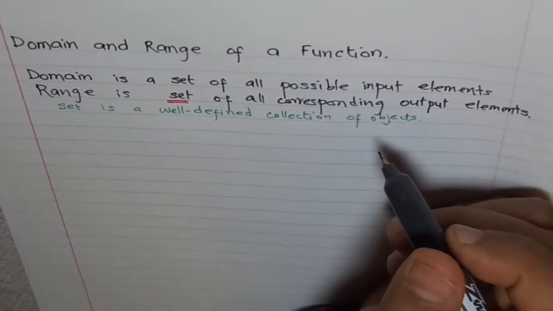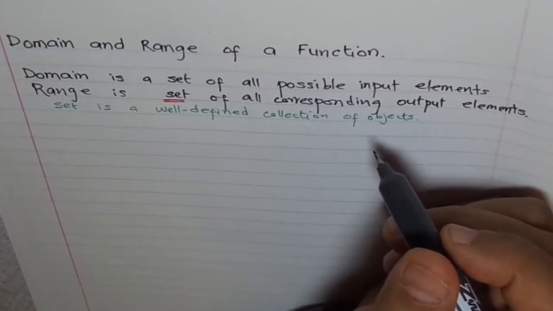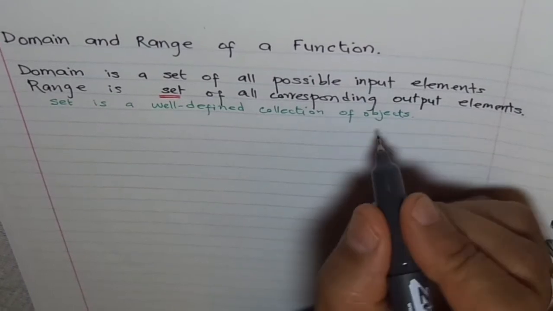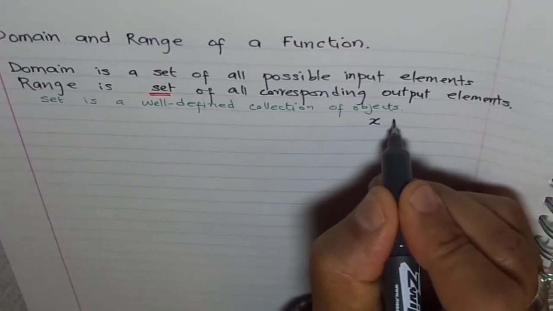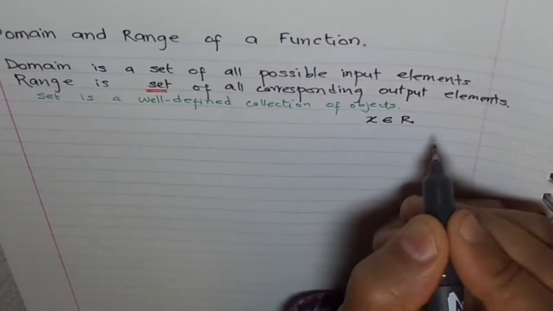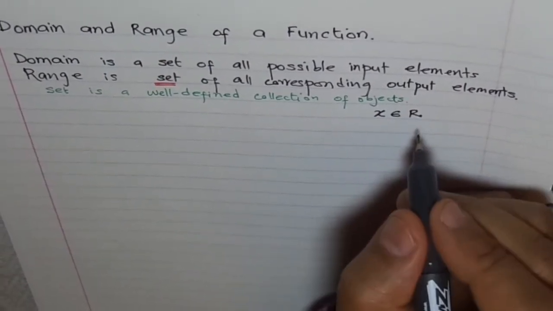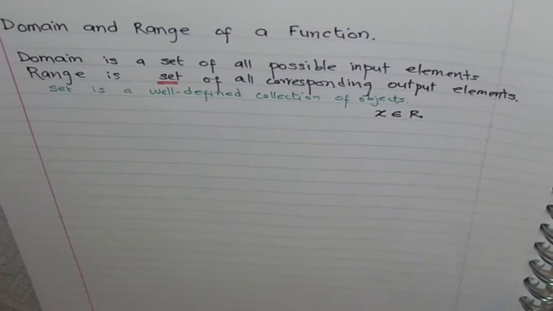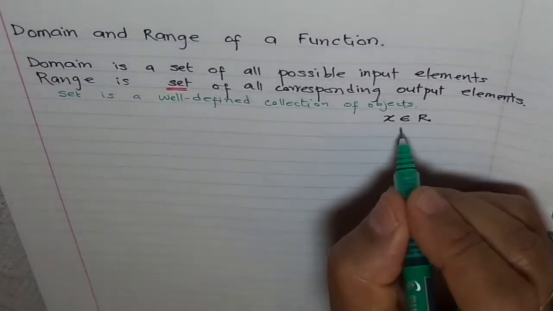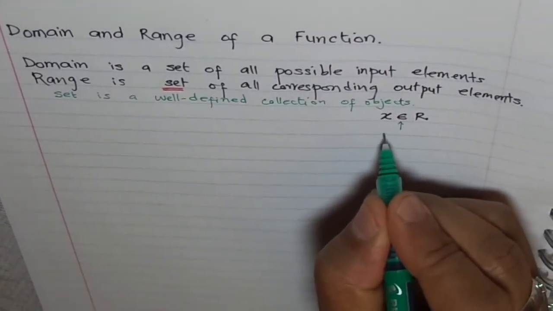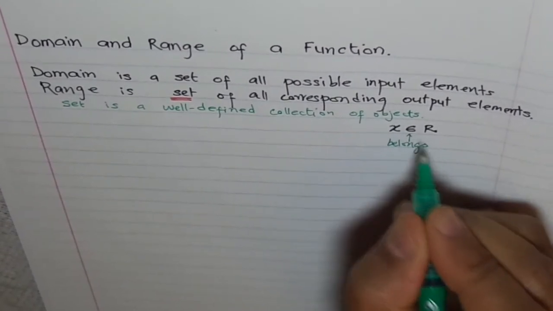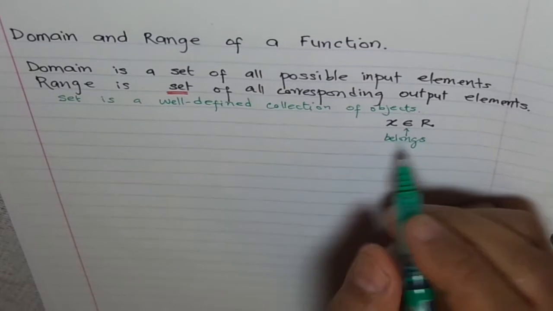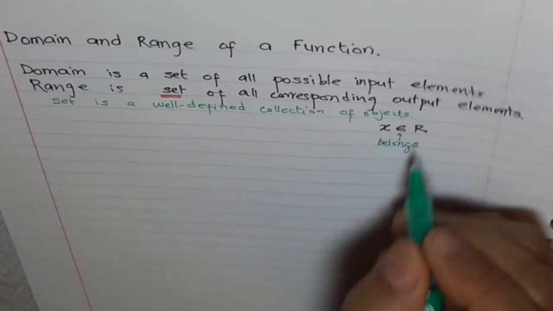Normally, if we don't define our set, what is the default set? Default set for us is always x belongs to real numbers, set of real numbers. This symbol here is belongs to, the Greek symbol epsilon. So x belongs to set of real numbers.